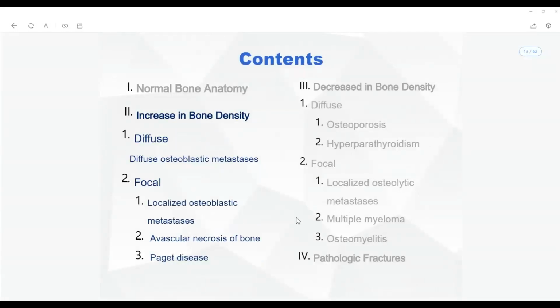Since we came to know about the parts of the bone, that is what I actually wanted to do. But I'm going to complete the easiest part first, because it is difficult for you to understand the increase or decrease in bone density, which needs a lot of clinical correlation unless you are familiar with physiological mechanisms and pathophysiologies.